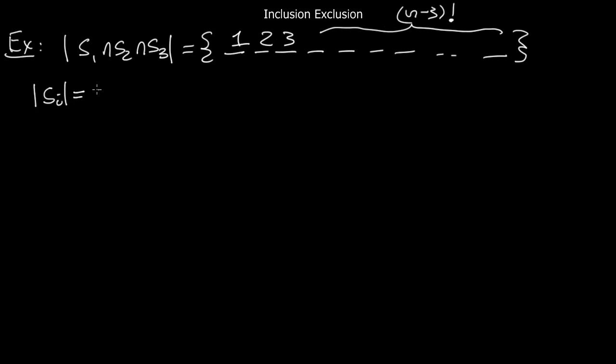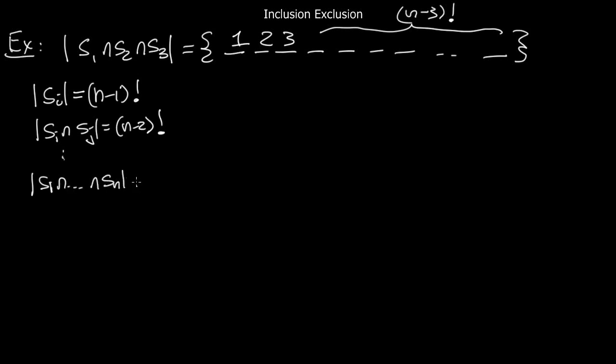So the order of Si is n minus 1 factorial. The order of Si intersect Sj is n minus 2 factorial, and so on. And the order of the very last one is 0 factorial, which is 1, where every number is in the correct position.